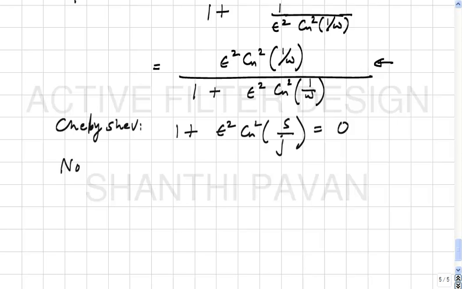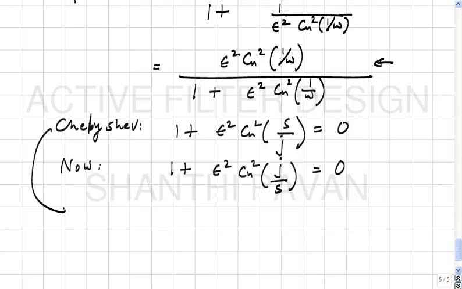Now, what we have is 1 plus epsilon square Cn square of j by S is equal to 0. Right. So, earlier S by j was given as some sigma naught plus j omega naught.